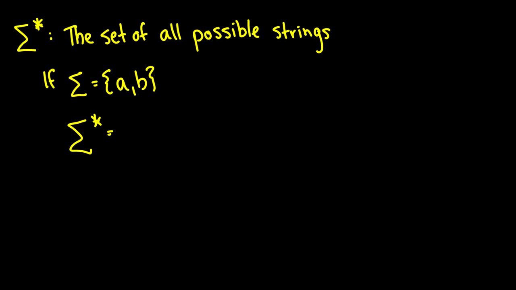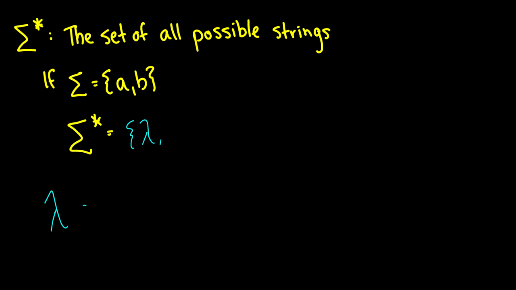So, what happens when we take an alphabet and put an operator on it called the star operator? Instead of having an alphabet of acceptable characters, this sigma star is the set of all possible strings or words in the language. So, if sigma is just A and B, then sigma star is going to consist of the empty string, which we have here called lambda.